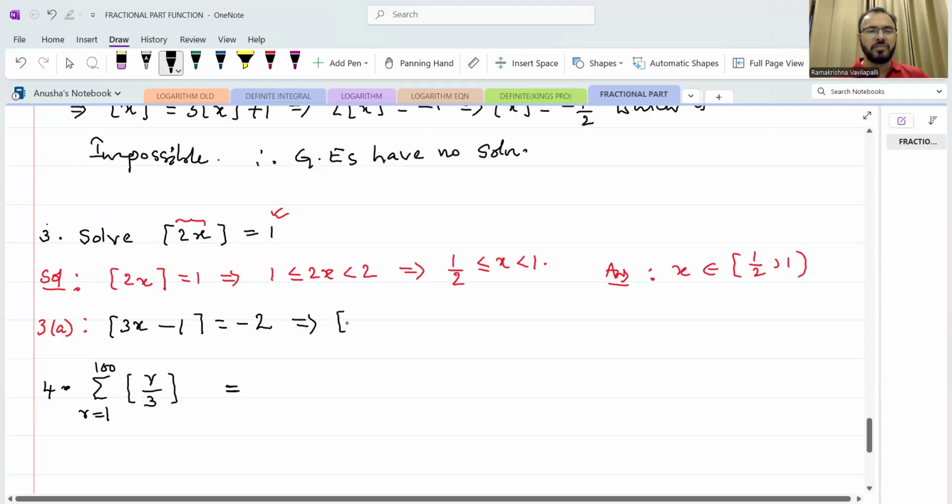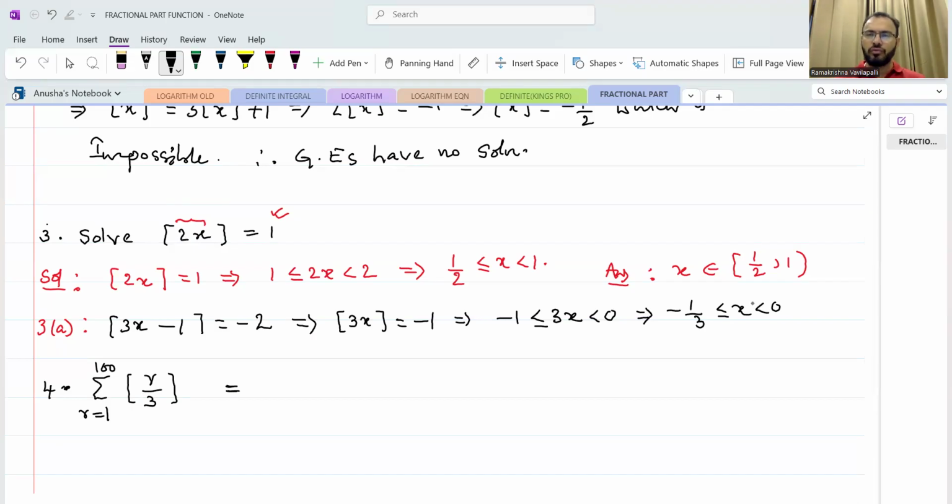Integral part of 3x, you bring out that minus 1 and bring it to this side, you will get minus 1. So here 3x should lie between minus 1 to 0. Now divide by 3: minus 1 by 3 to 0, minus 1 by 3 closed and 0 open. Like that, by yourself you can create questions and solve them.